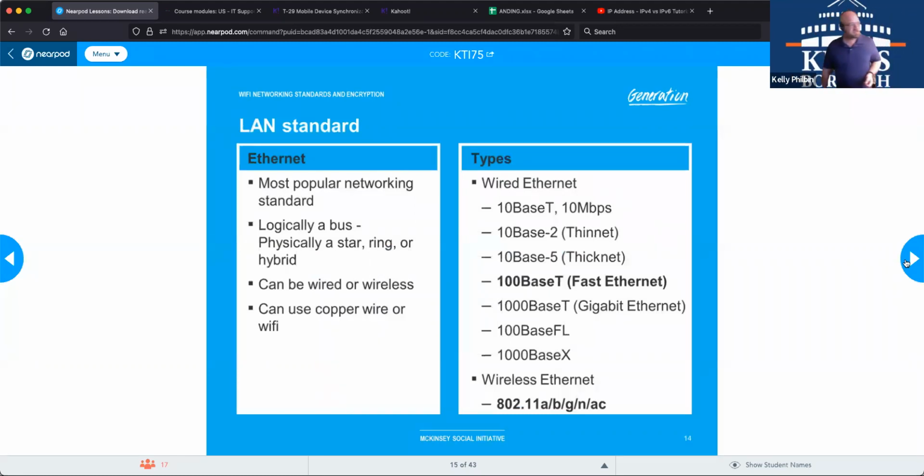All right, so LAN standards. Ethernet is hands down the most popular standard. What kind of connector do we use for Ethernet? RJ45. RJ45, that rectangular connector.